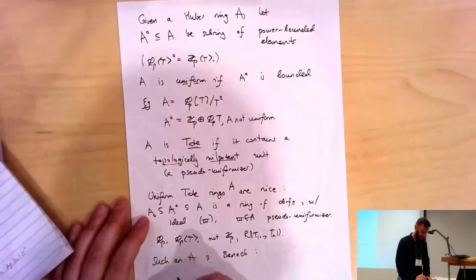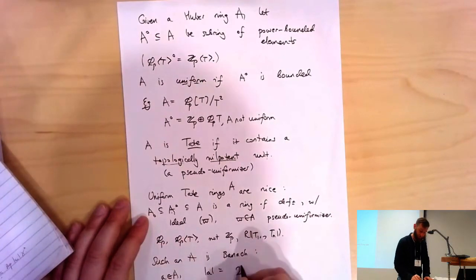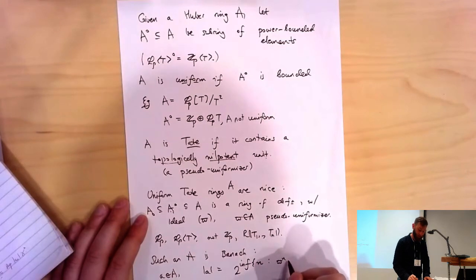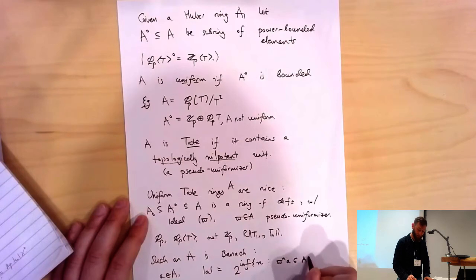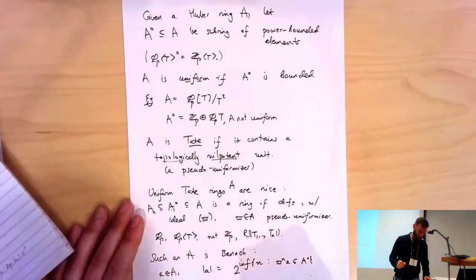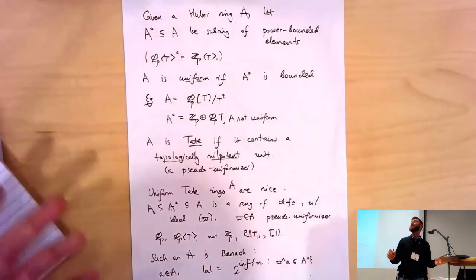So for a in A, you can go ahead and define it. Oh, I don't know. So is this something that works? 2 to the inf among all integers n, such that your pseudo-uniformizer to the nth power times a brings you into something which is bounded like this. Okay, I hope I got that right. So this is going to be a norm.